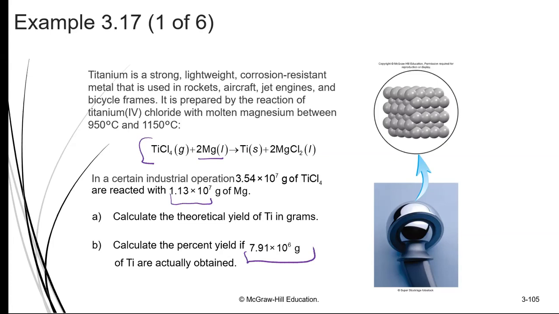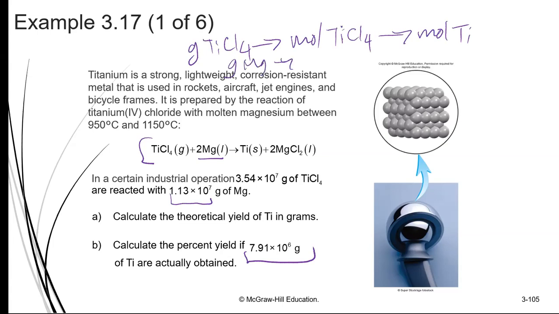So our strategy is going to be similar. We're going to take that grams of TiCl4, change it to moles of TiCl4, and we can change that to moles of titanium. And we're going to do the same thing with our magnesium, grams of magnesium to moles of magnesium to moles of Ti.